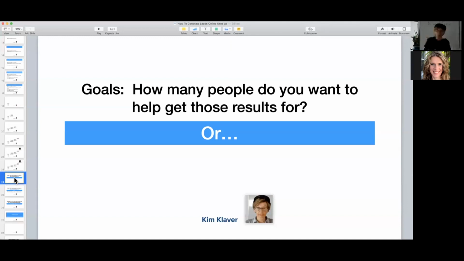That sounds really good. But convert that into how many people you want to help get these results. I could say, how many people do I want to help to completely reinvent themselves in building their business? Because we have a fairly high ticket program that does that.